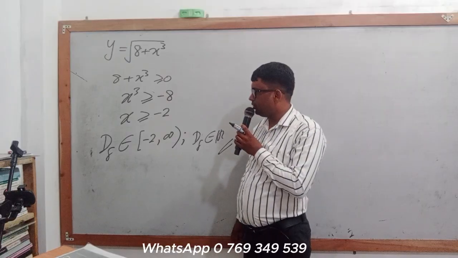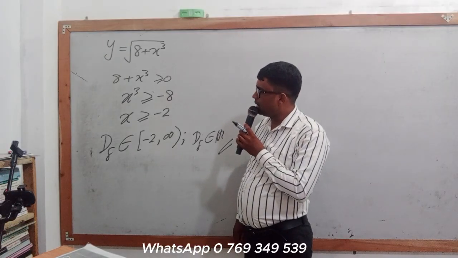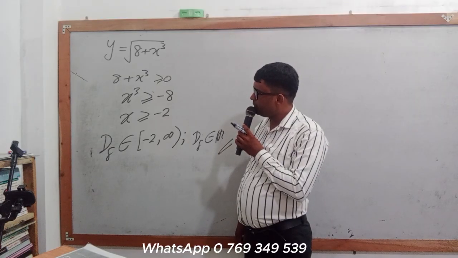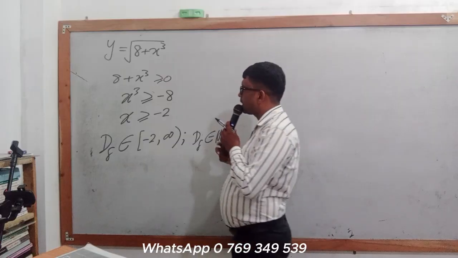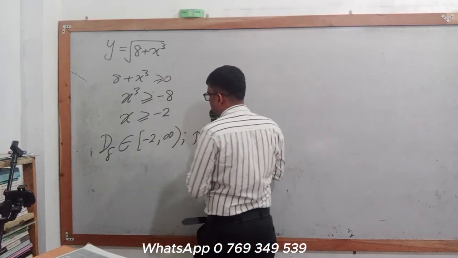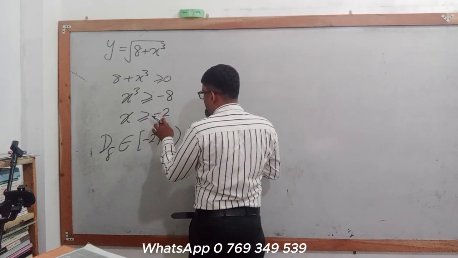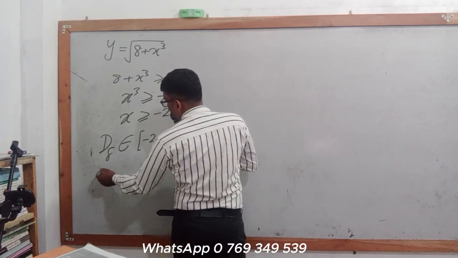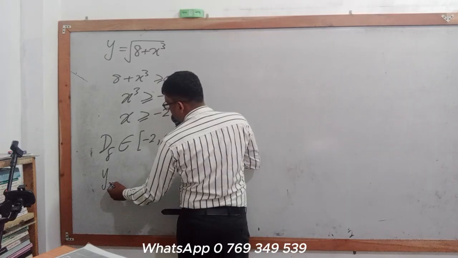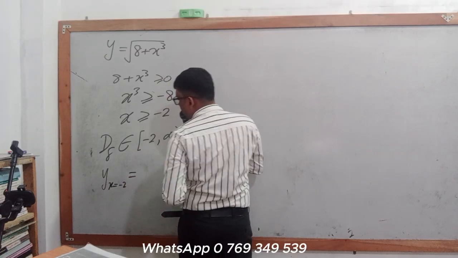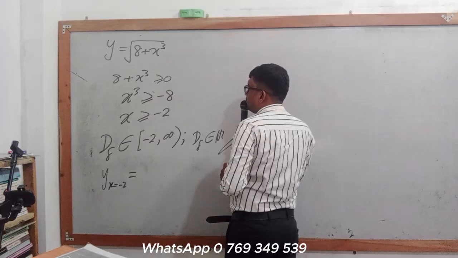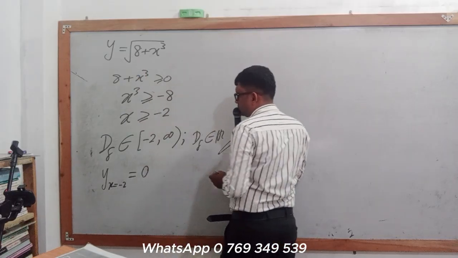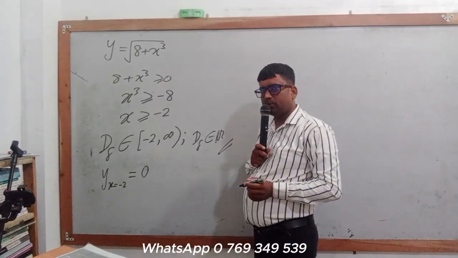Now, range. We need to find out the range, no? How to find the range? If it is minus 2, x equals minus 2, what is that? x equals minus 2, this is 0. Right?